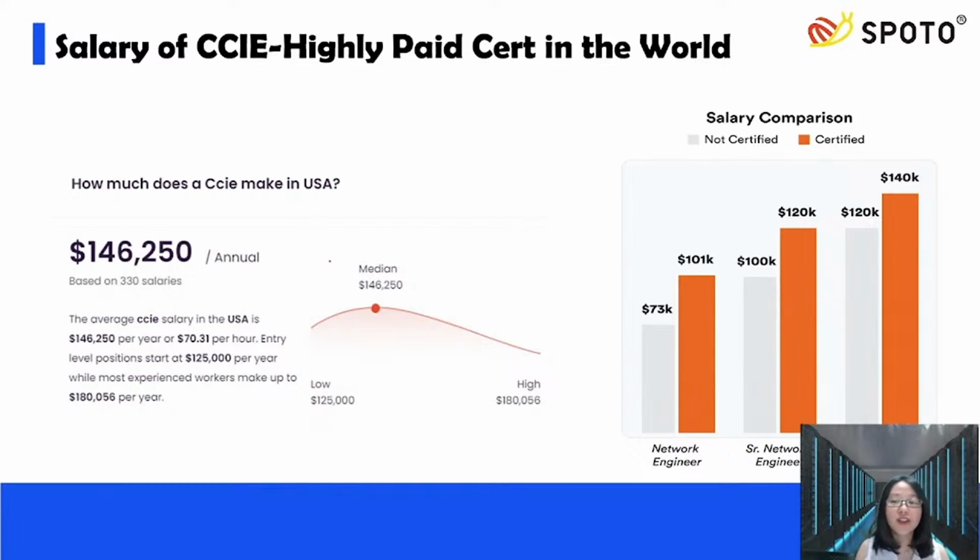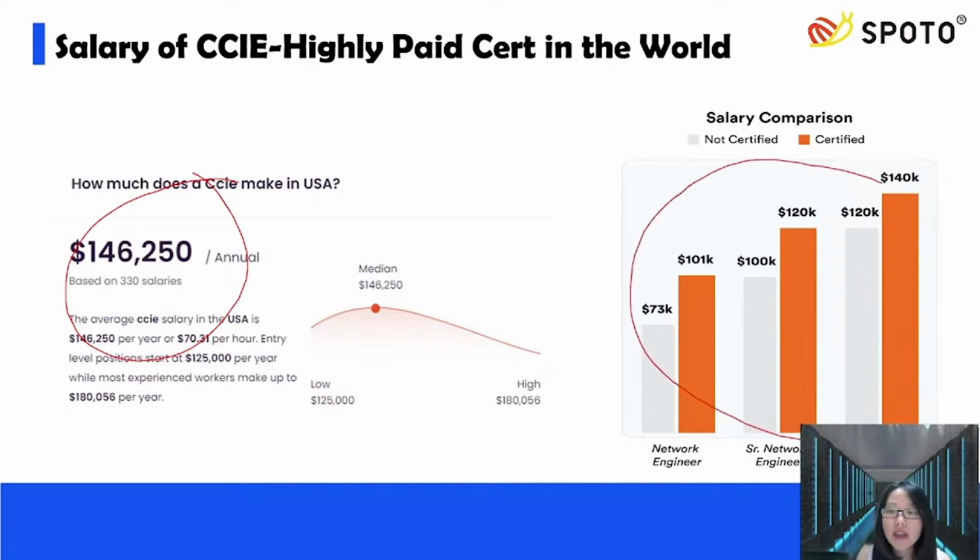However, do you know the CCIE salary? Let's see the CCIE average salary in the USA in 2023 as an example. The average CCIE salary in the USA is $146,000 per year.